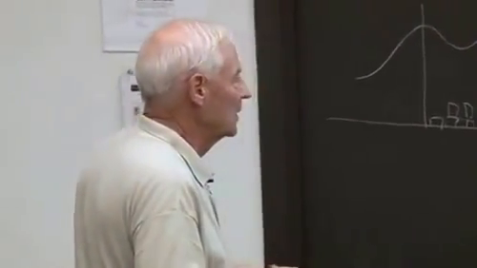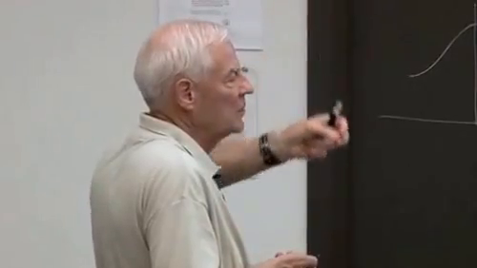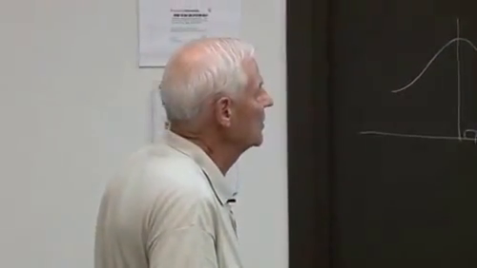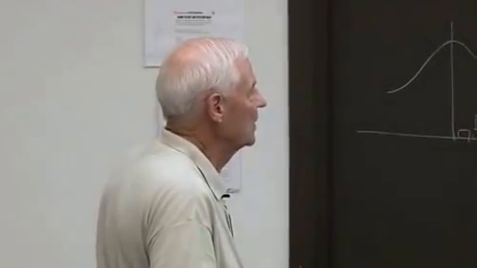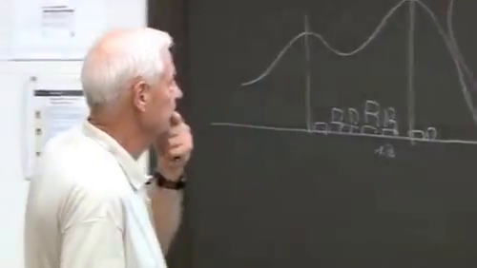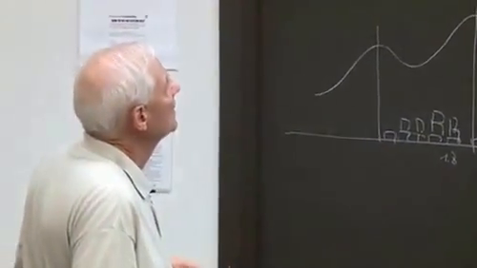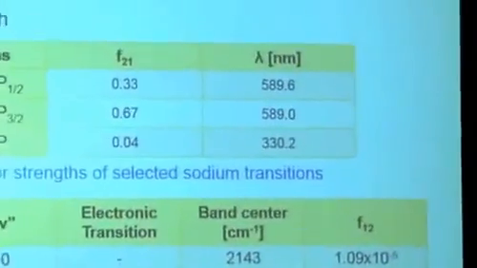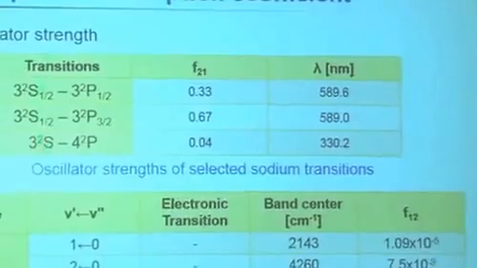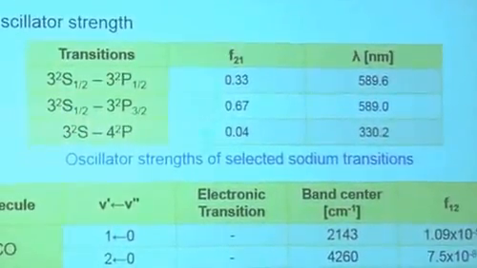But because sodium has only one electron in the outer orbit, it's the closest you can get to a free electron. Therefore, the oscillator strength, which is unitless, the ratio to a free electron, is 0.3. So that's a typical oscillator strength. These are the transitions for sodium, and these are different transitions. They have different oscillator strengths.